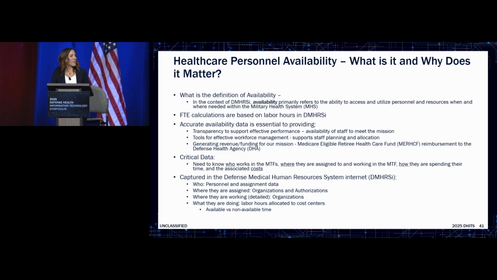And that gap becomes the risk that we have to assume and the risk that we're trying to mitigate, that we're trying to balance with support from our purchased care network, and or understanding care that's just not going to happen for patients, and that in turn has impacts on force generation and readiness.